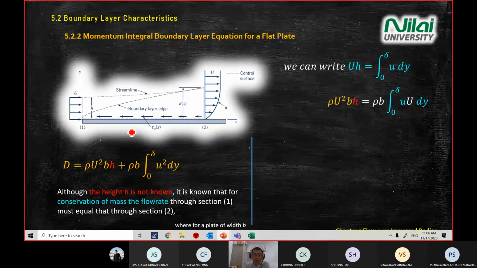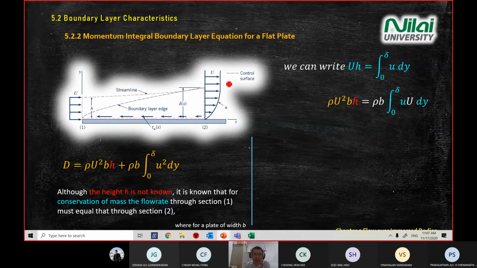So we can modify this term rho U square BH with our equation here. This on the left hand side is a uniform scenario.